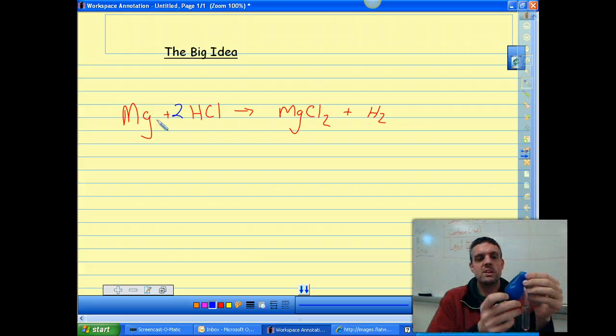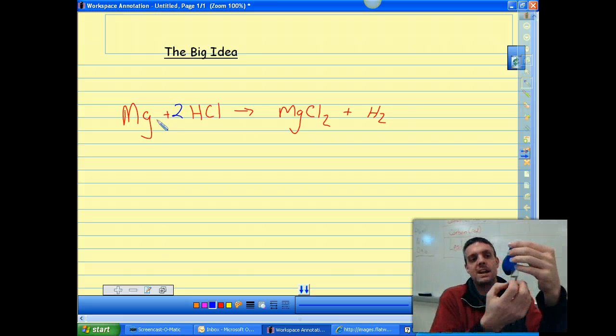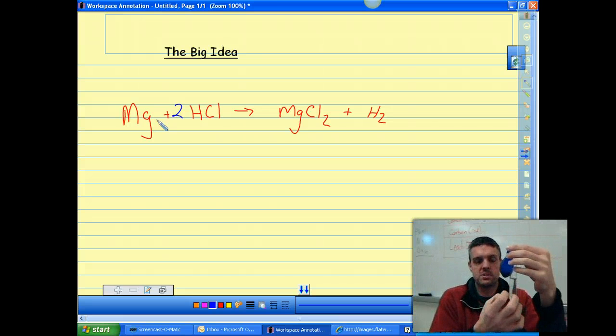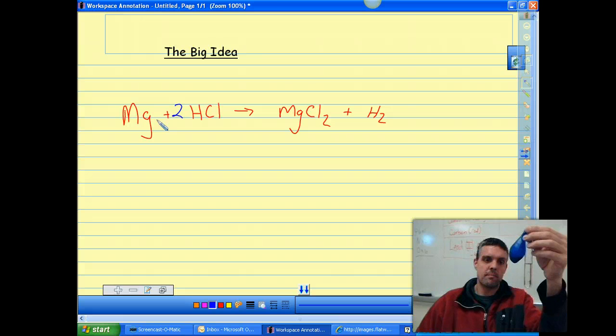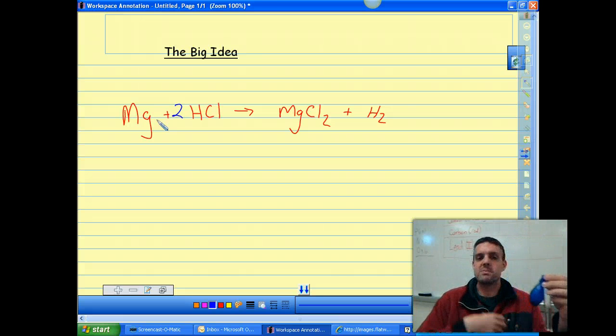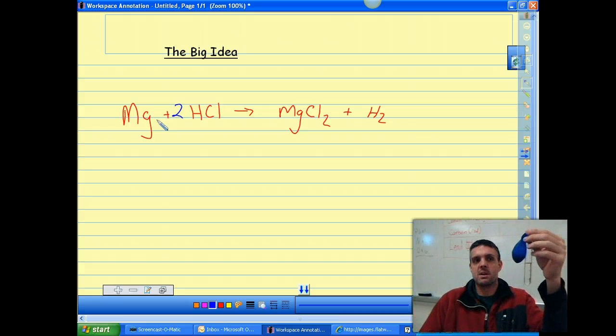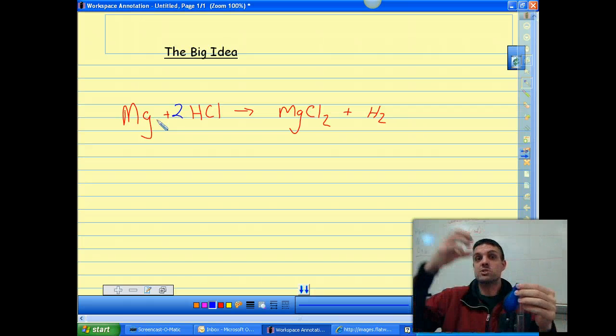I'm dealing with trillions upon trillions of atoms of magnesium sitting here, and hydrochloric acid molecules roaming around in this container, and so in this test tube. So because I'm dealing with trillions, I didn't do any math here. I didn't figure out how much I needed or how much hydrogen I was gonna get.